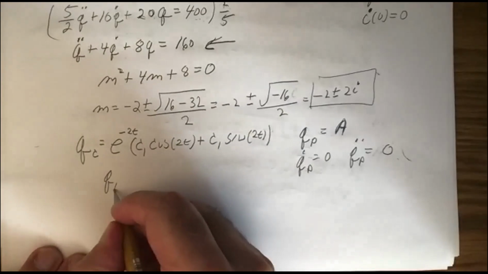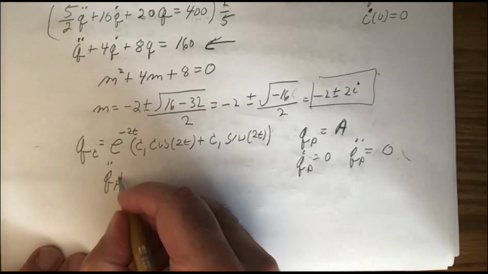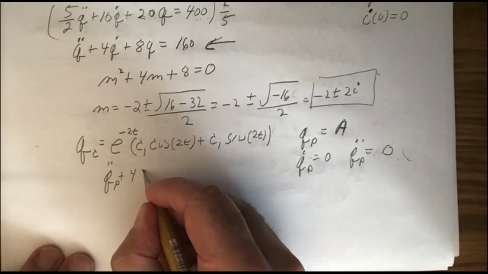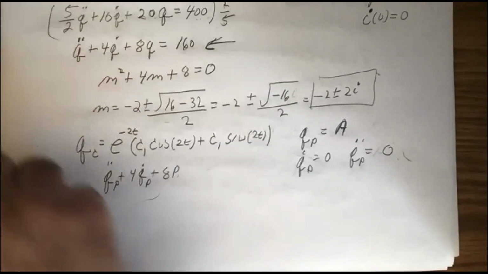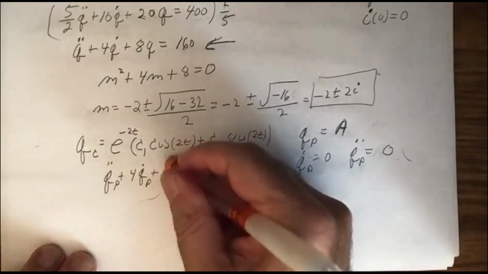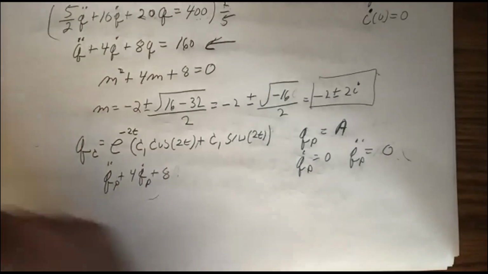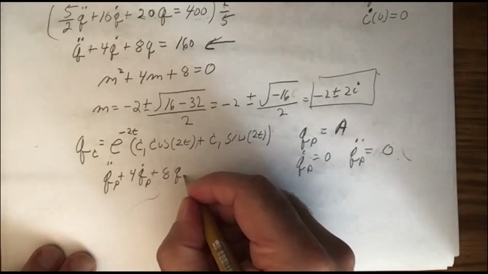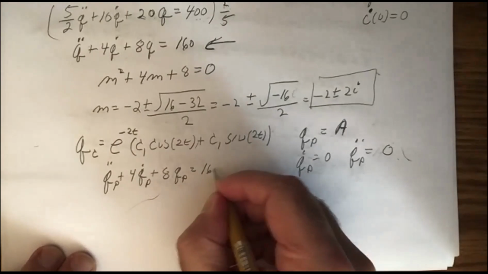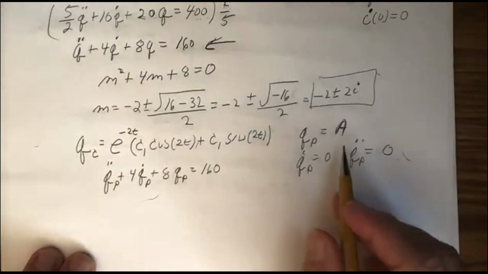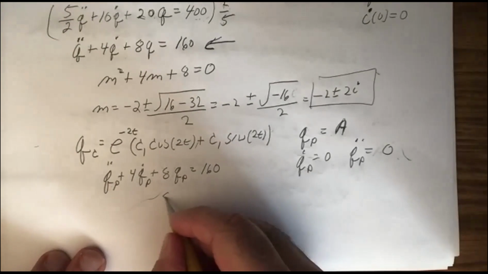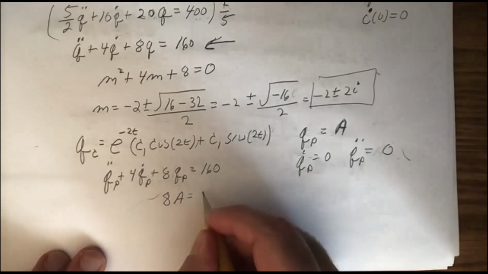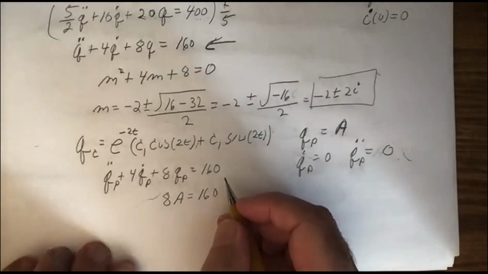Now this is 0, this is 0, so I'm just getting here that 8A is equal to 160. So that means that A is 20.